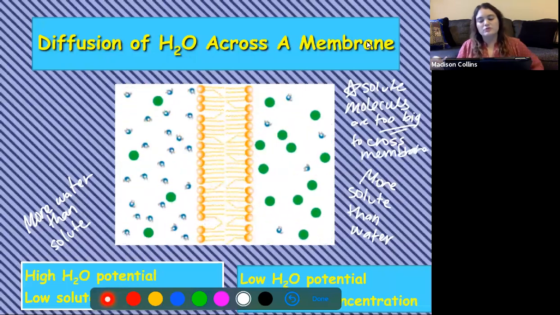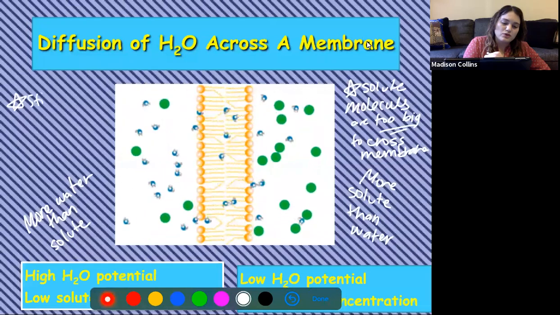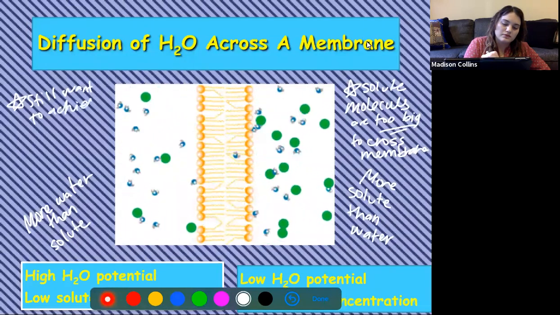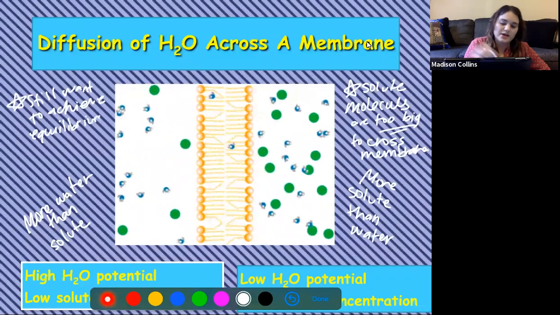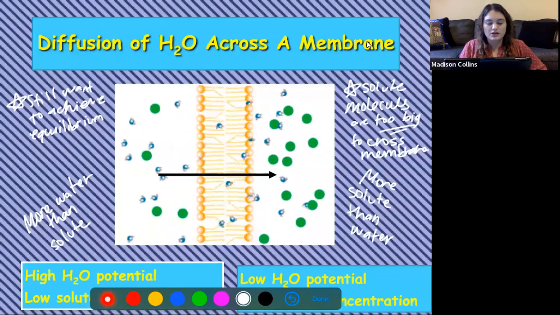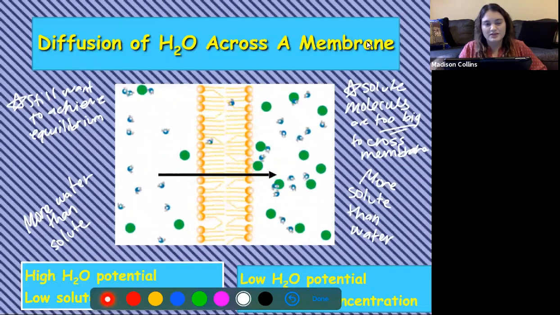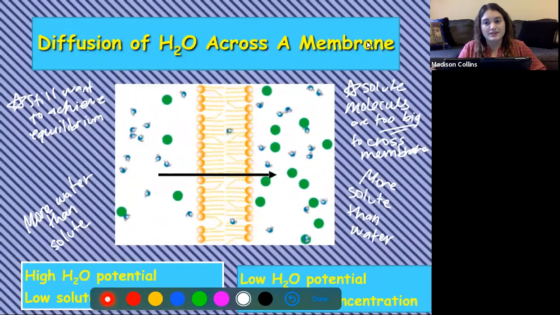So because those solute molecules are too big to cross, but we still want to achieve equilibrium, what ends up having to happen is osmosis. Because the solute molecules can't move, the water takes one for the team and he's like, I got this, guys, okay? And that water ends up going across the membrane instead.